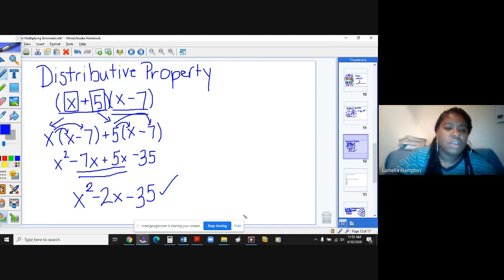All right. Now, last but not least, we have the distributive property. Again, the distributive property means to give, but we're going to have to break down this first binomial. What I've already done is take this first binomial, which is x plus 5, and break it down so that each one of the monomials can be multiplied by the second binomial.